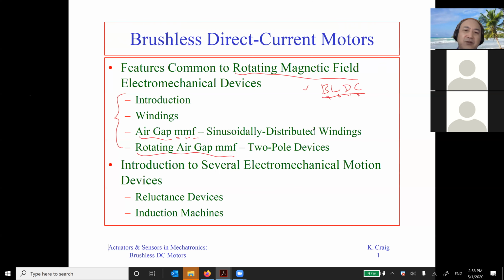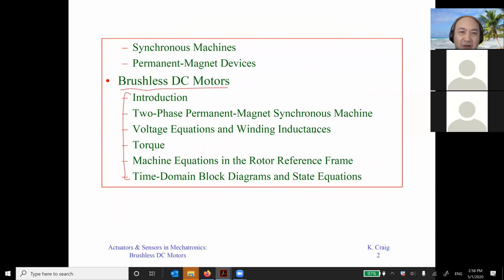So we're going to talk about electromechanical motion devices. There are reluctance devices, induction machines, and synchronous machines. And this one actually is easier. It's called permanent magnet devices. Let me remind you, last time I talked about linear motors.